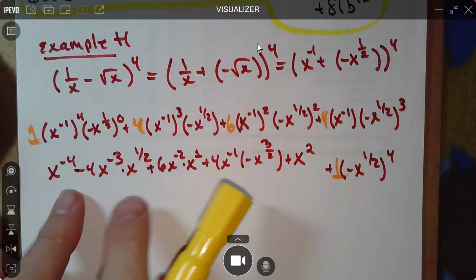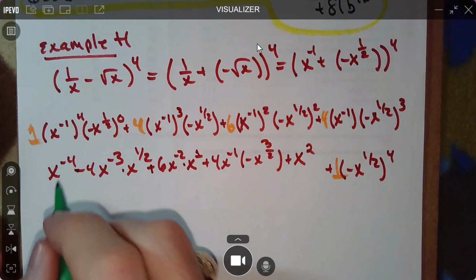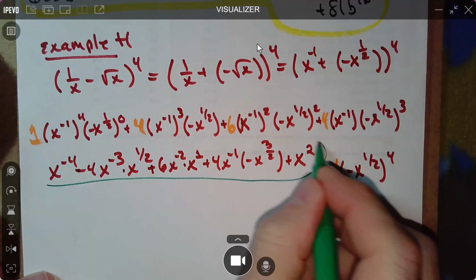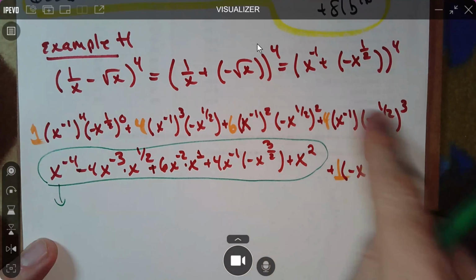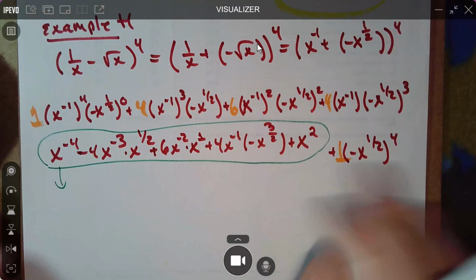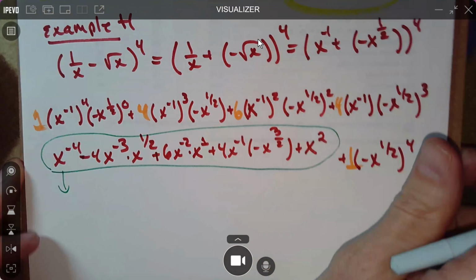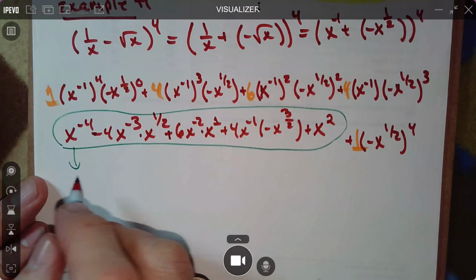Now, we still have some simplification we can do. Let's circle this. That's this line. Let's simplify this. Now, is there a fancier way or another way I could write x to the negative 4th? 1 over x to the 4th.